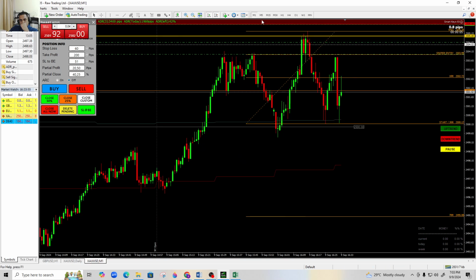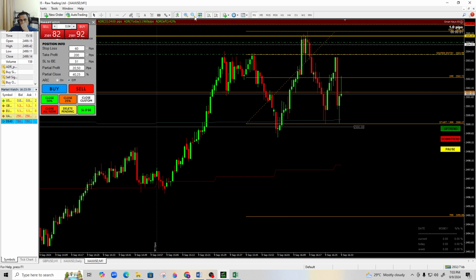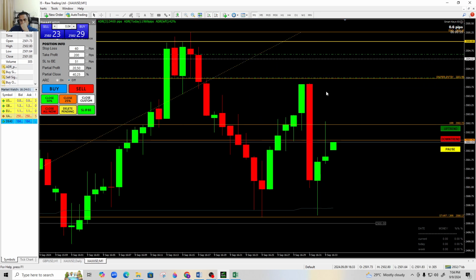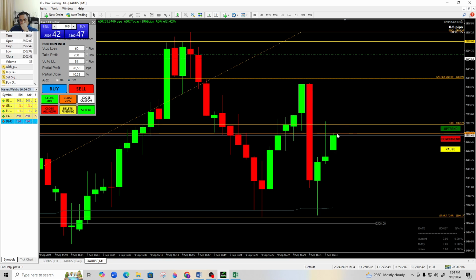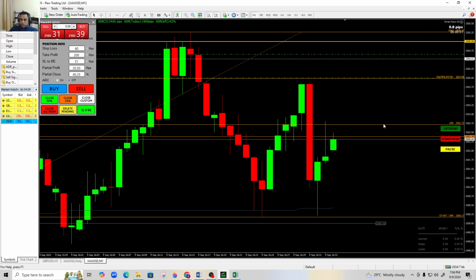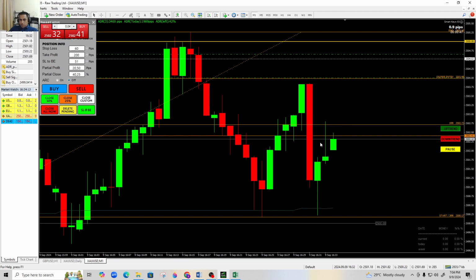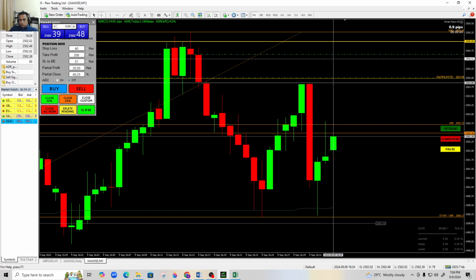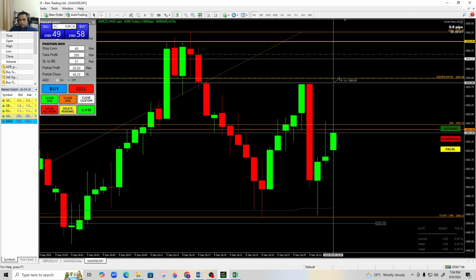I missed it by a pip. 1 pip. It came up. We might miss it. Price might continue down. Price might just continue down because you've rejected this line and could continue down. I don't know. Missed it by a pip. My entry.